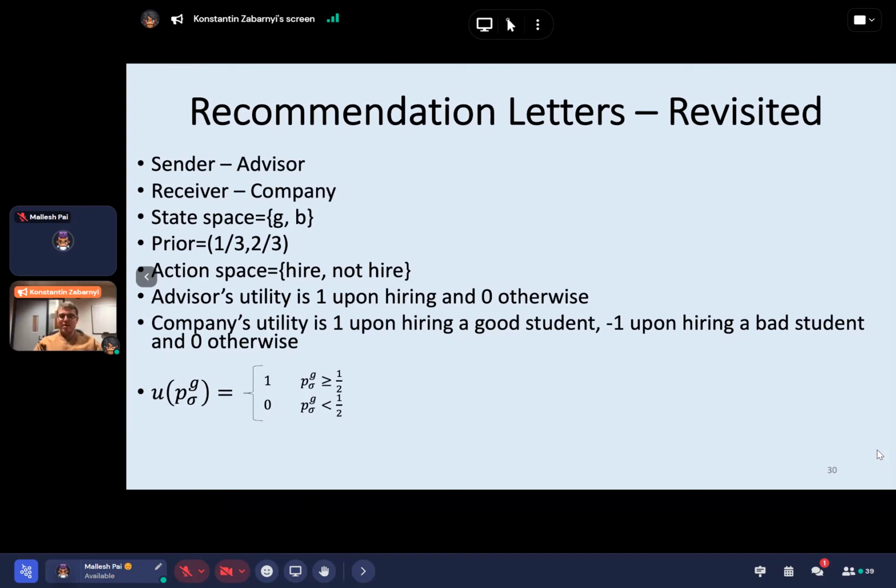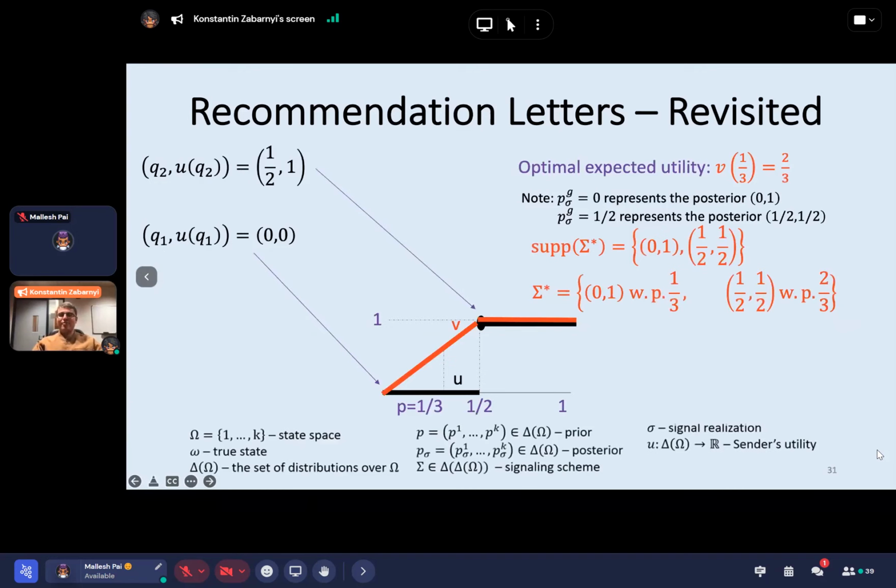And therefore, the indirect sender's utility is the black function u here. So below 1/2 probability for the state to be good, it is 0, and above 1/2 it is 1. The concavification of this black function is the red function v.